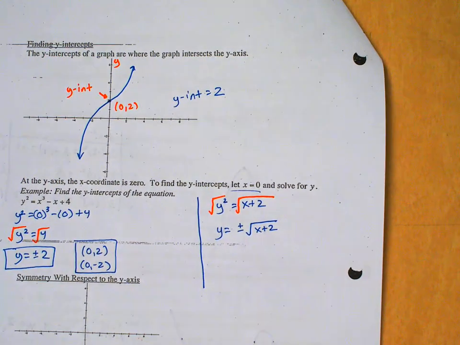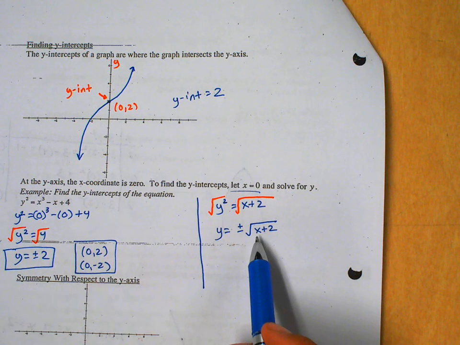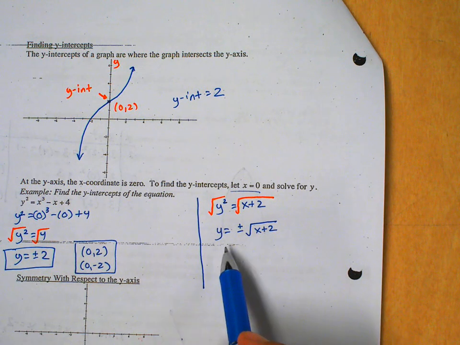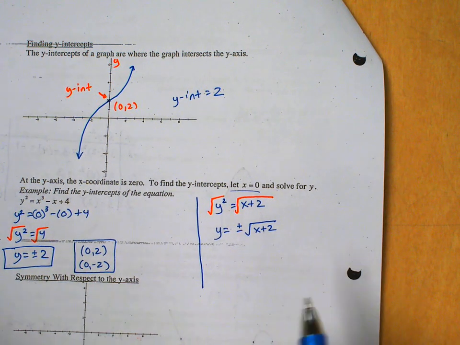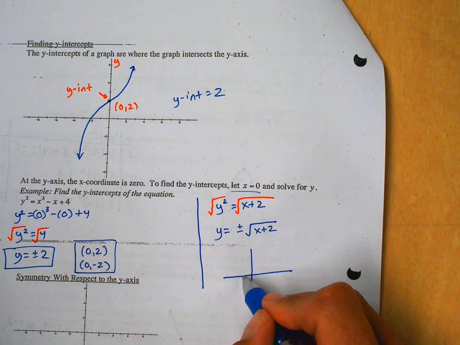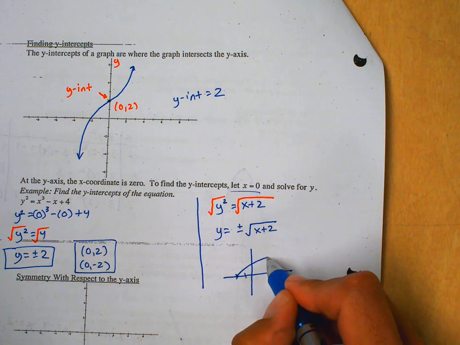And so when you go to graph, if you remember what square root of x looks like on the graph, from trig or algebra 2, it's a square root function, and plus 2 underneath the radical means it's going to move to the left 2 units. So this graph moves to the left 2 units and looks something like that.